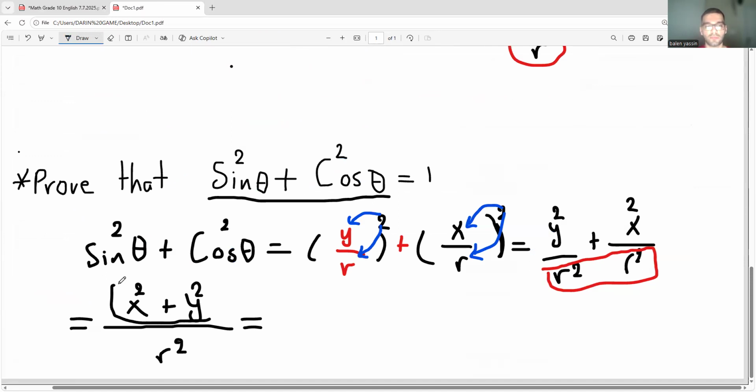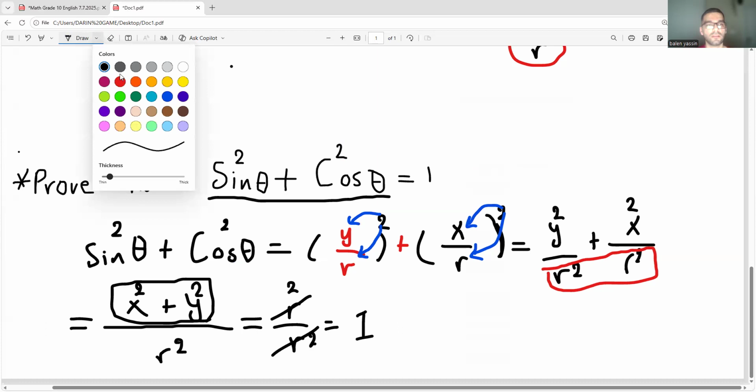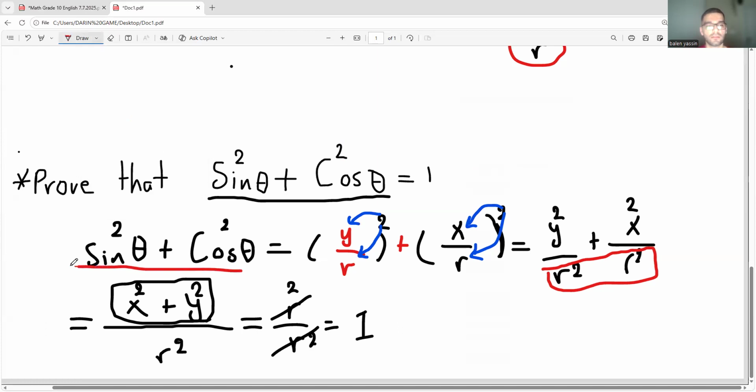So this part becomes r squared, and we have r squared below. These two are the same thing, so we cancel them. We get 1. So we started with sine squared plus cosine squared, and we got 1, which proves this identity.